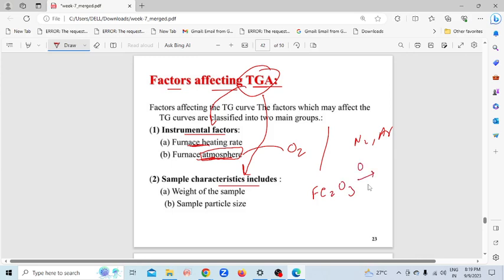In the presence of oxygen and high temperature, it can convert to Fe3O4. Oxygen is added. So you are going to analyze Fe2O3, but due to the presence of oxygen it converts to Fe3O4, meaning there is a gain of mass. So for this type of sample, where oxidation can occur, we generally use an inert atmosphere like nitrogen or argon. Atmosphere is very important for this type of sample.